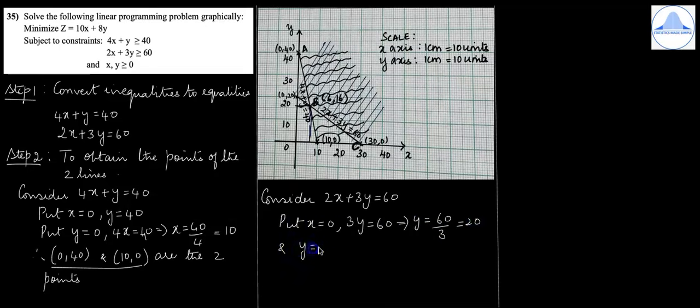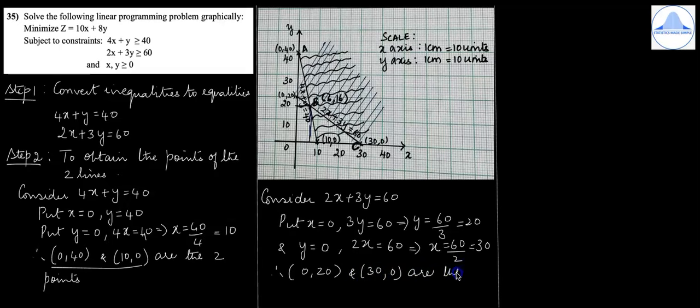And next you put y equal to 0, so you'll get 2x is equal to 60, which implies x is equal to 60 divided by 2, which is equal to 30. Therefore 0, 20 and 30, 0 are the 2 points.